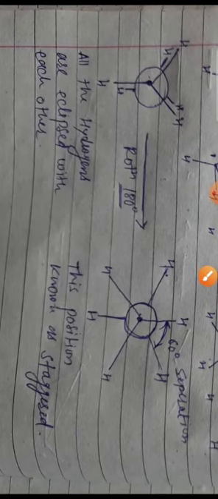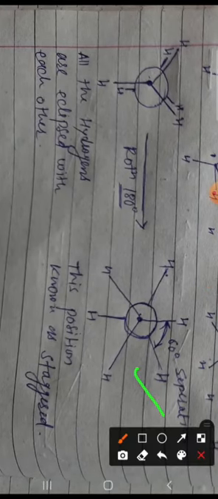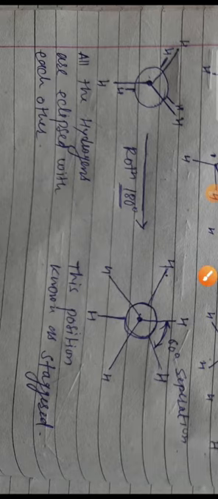Look at it: after rotation, we get this position, where the hydrogens are separated by a 60 degree dihedral angle between the front carbon hydrogen and the rear carbon hydrogen bond.